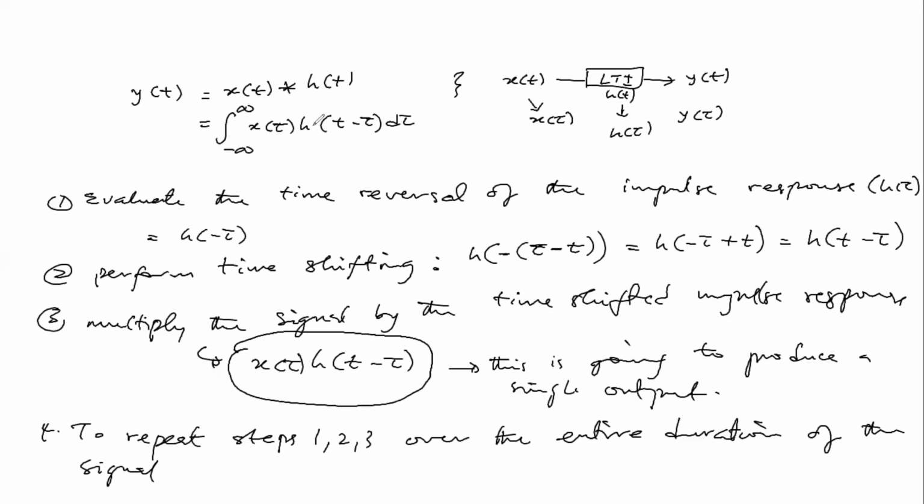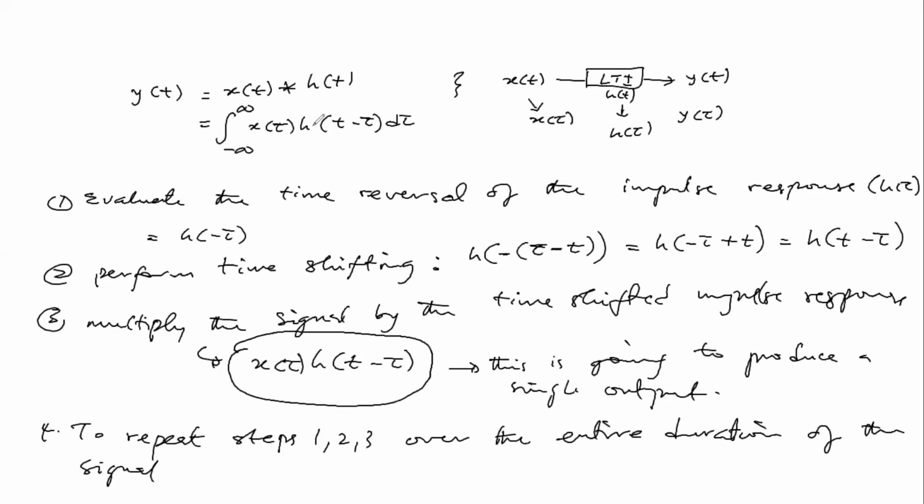From step 1, we had convolution of minus tau. No, step 2, not convolution. We evaluated time reversal in step 1. Please, it's not convolution. This is a strategy for evaluating the convolution. The first thing was to evaluate time reversal.